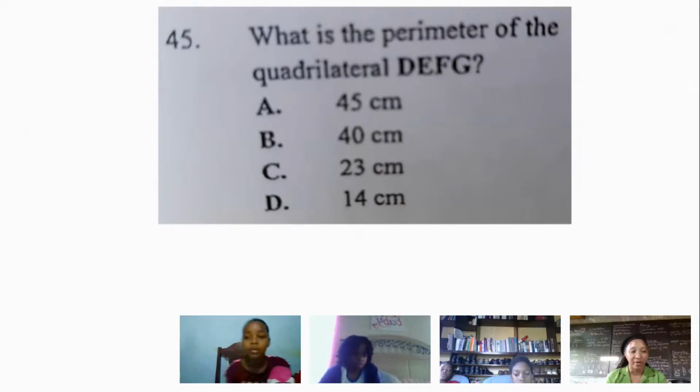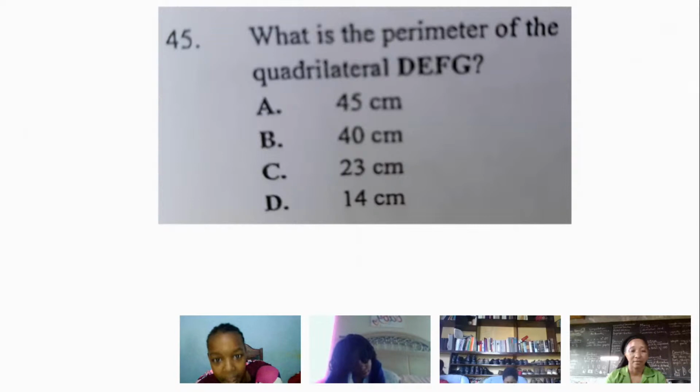Leighton, number 45. Miss, can you hear me? Okay. I can hear you. Number 45. What is the perimeter of the quadrilateral DEFG? A. 45 centimeters. B. 40 centimeters.